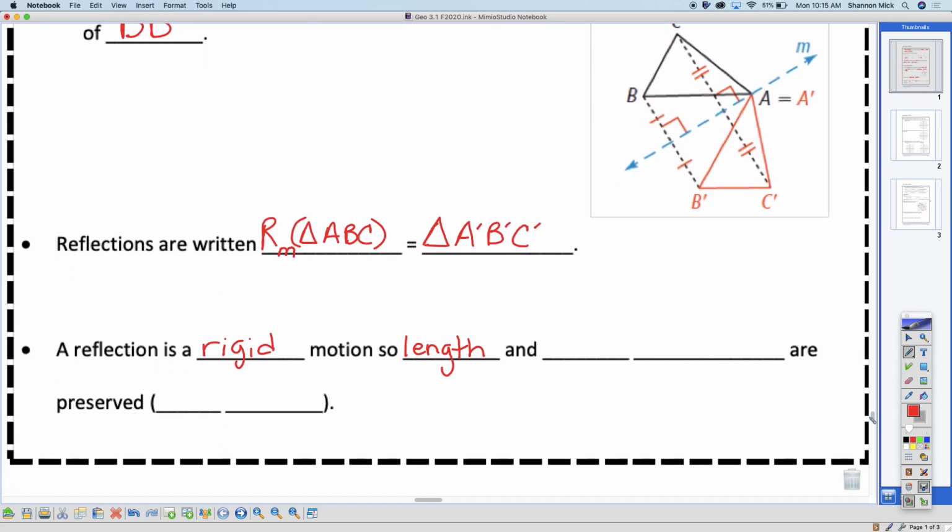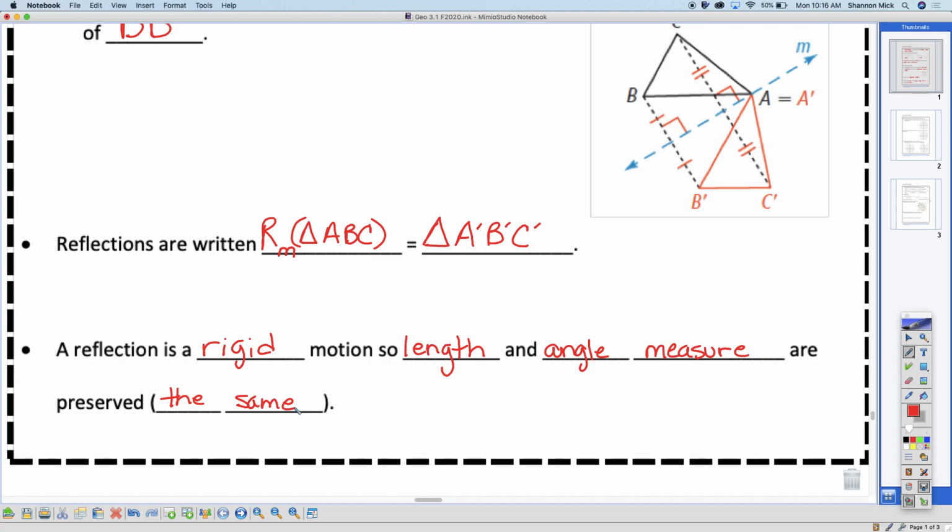Angle measure are preserved. What's preserved mean? Kept the same. You can put whatever. Okay? So a reflection is a rigid transformation. It's not going to change anything, is it? Even though the way I have the things on the screen makes it look like it is, it's not.